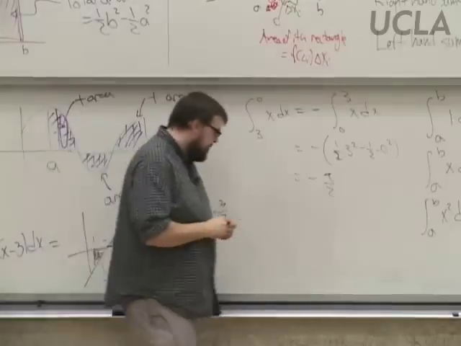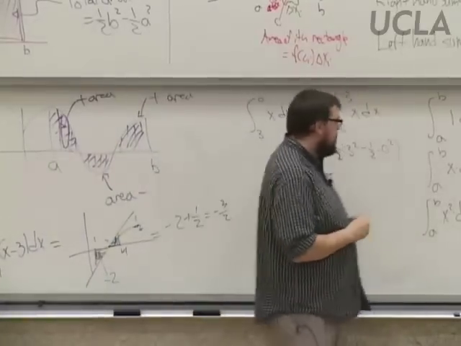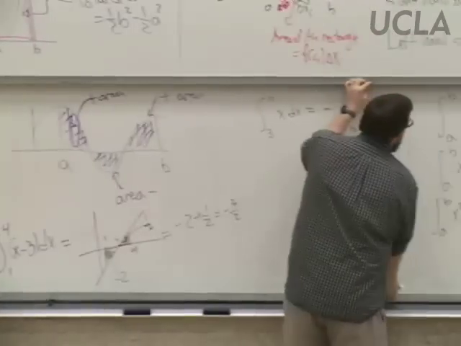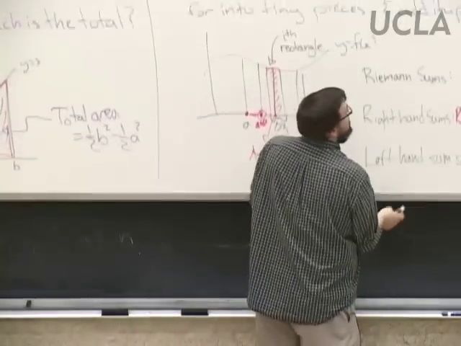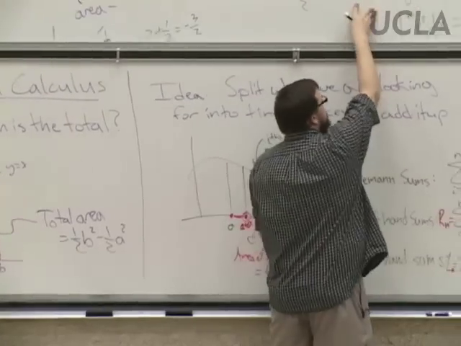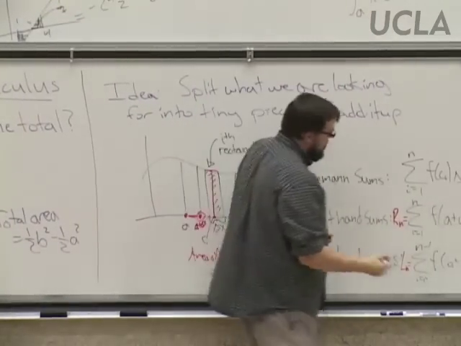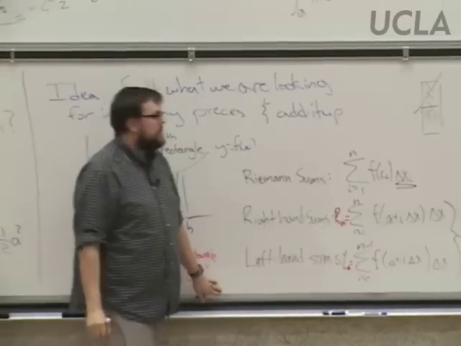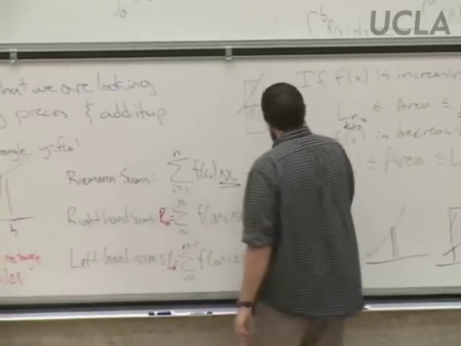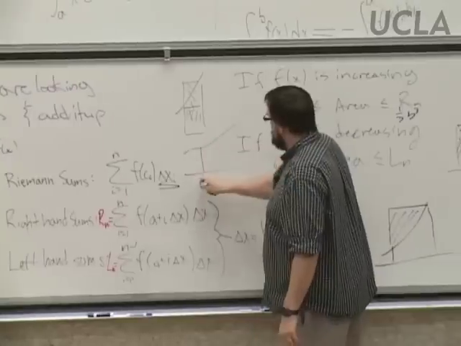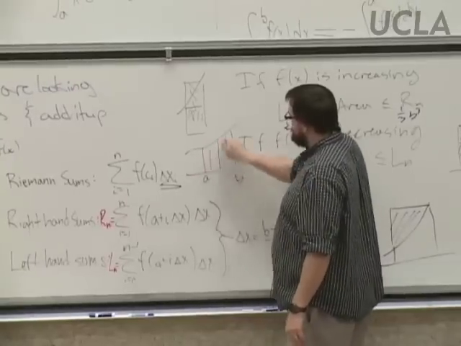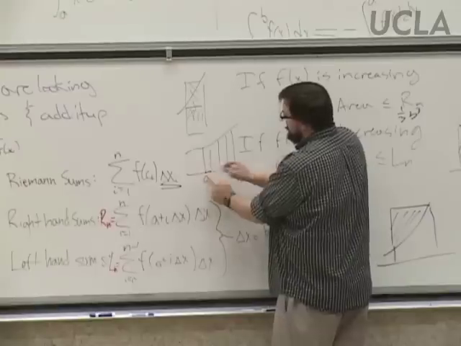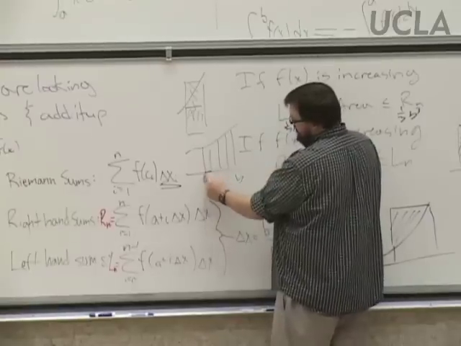Now, why do we change the sign? Well, you might say, I don't remember us having anything to do with sign. And let me point out where it is. The reason that we change the sign when we reverse the order is because of this guy right here. What happens when you chop up from a to b is I start at a, and then I move over, and here's my width: where I end minus where I start.